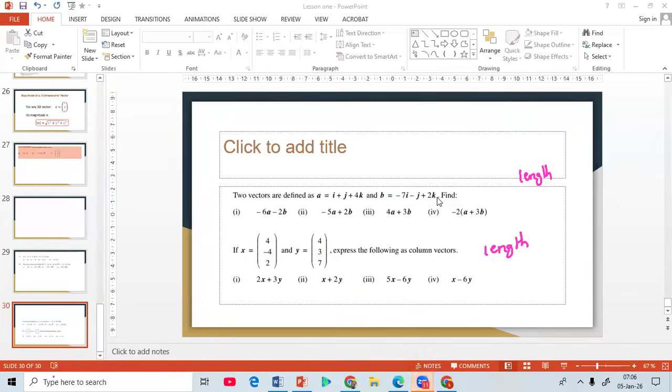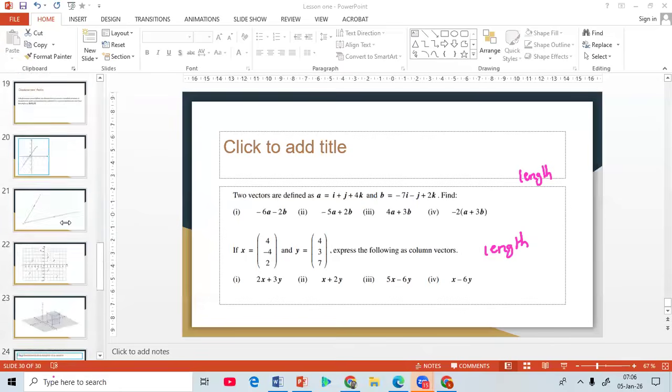Still here, you are going to find that in the competence-based curriculum, the questions will not be direct the way they were in the previous years. Here you may find that you are almost doing pure, but we are bringing in some physics concepts, because we are going to look at the application of vectors, like I showed you at the start of the lesson.